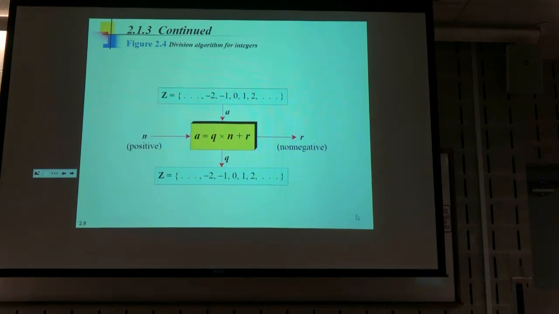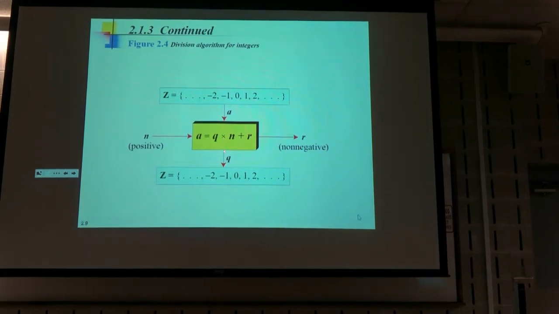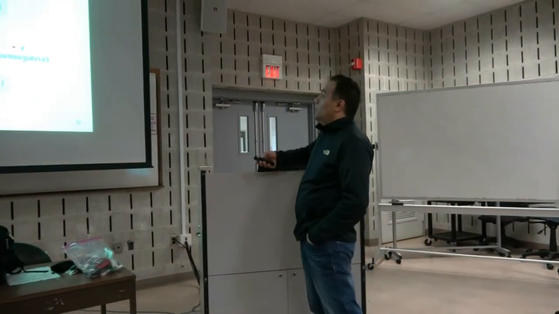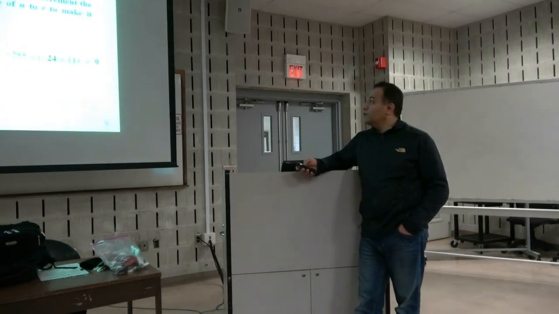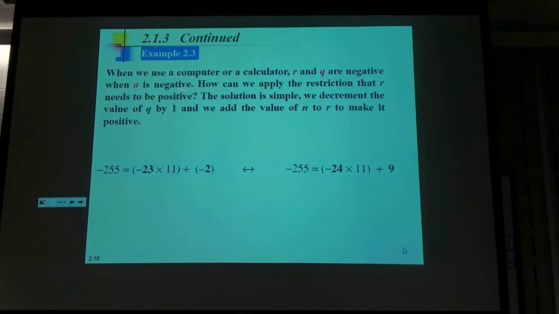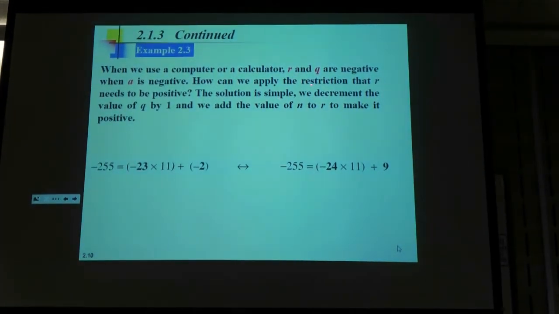In the operation of division, n is usually positive, and you get the remainder and the quotient, which could be negative or positive. The remainder, we always like to have as a non-negative number, either 0 or positive. If it's negative, we have to convert it to positive. For example, when you use a computer or a calculator, r and q are negative when a is negative.